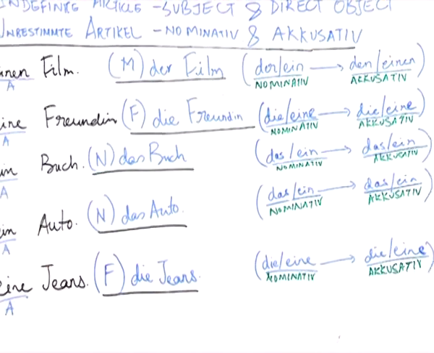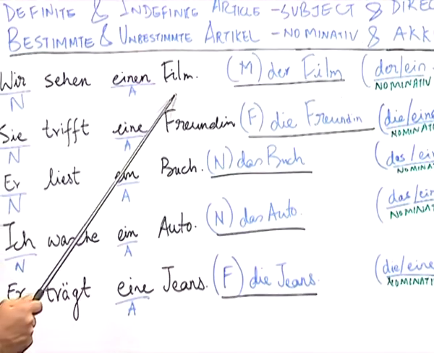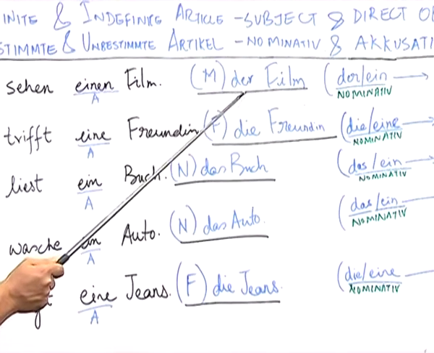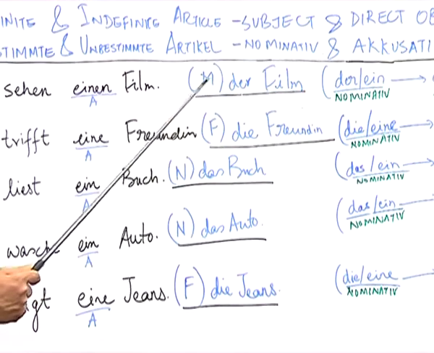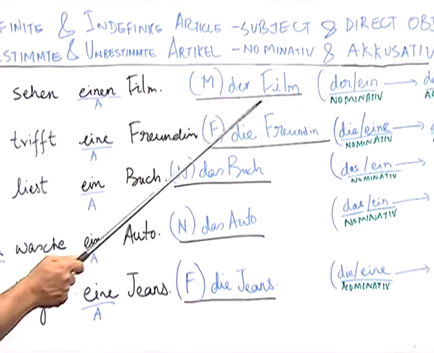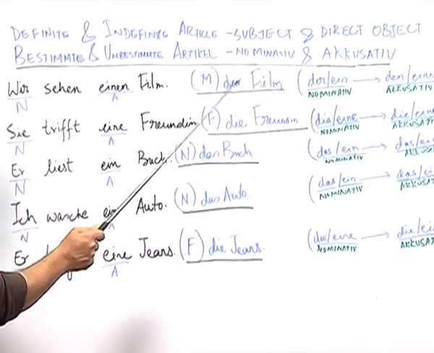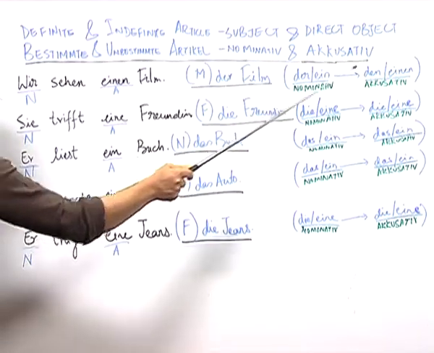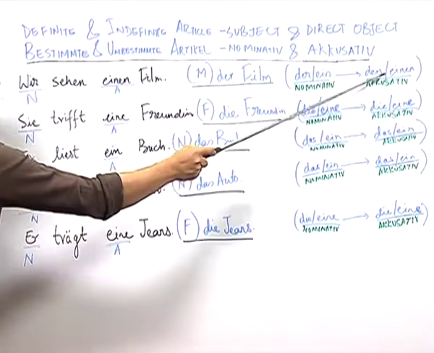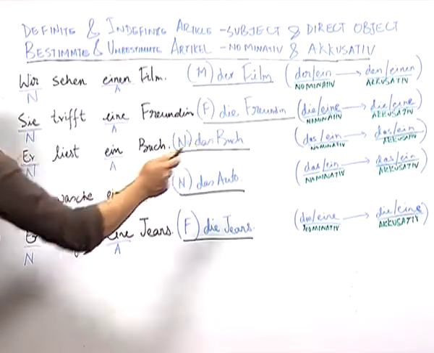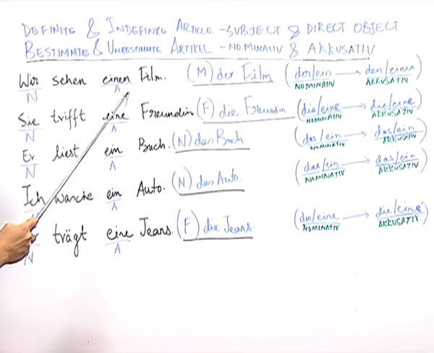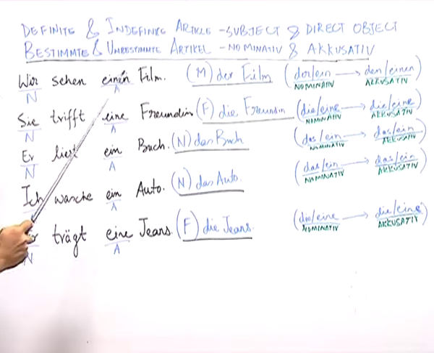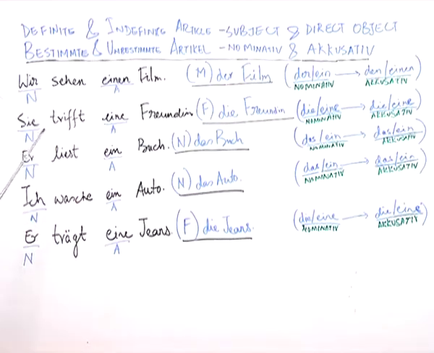So, if you follow this pattern, wir sehen einen Film, we know that the noun Film carries the masculine article der, therefore, it is marked with M, and as you know the transformation, der becomes den and ein becomes einen. So, here we have the indefinite article einen, which is used to show this transformation from ein to einen in accusative.